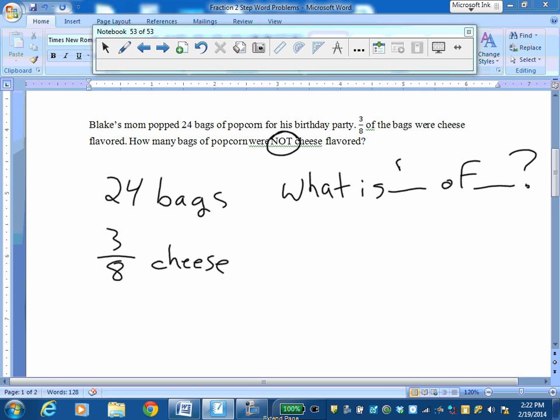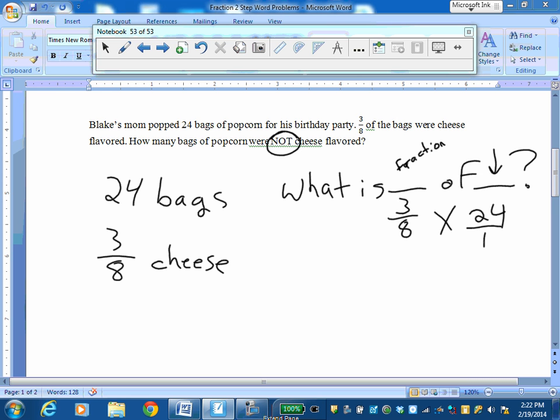If you can fit in the fraction here and either a fraction or a whole number here, then this might be a multiplication problem. So are we looking for 3/8 of 24? Class, we're looking for 3/8 of 24. So this is going to be a multiplication problem.